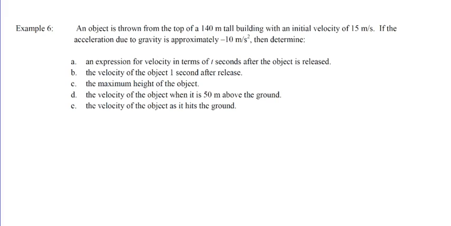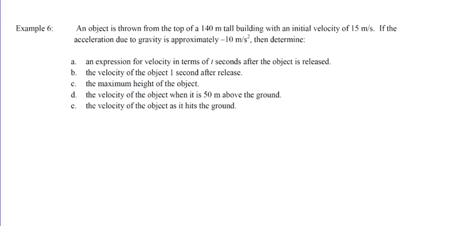An object is thrown from the top of a 140-meter tall building. Apparently we like throwing things, stones, whatever. With an initial velocity of 15 meters per second. Okay, so if the acceleration due to gravity is approximately negative 10 meters per second squared, then determine.